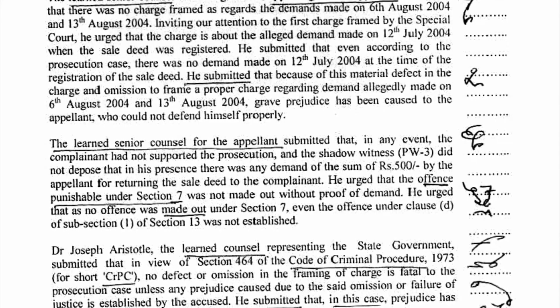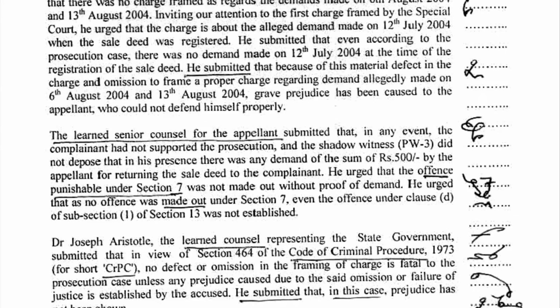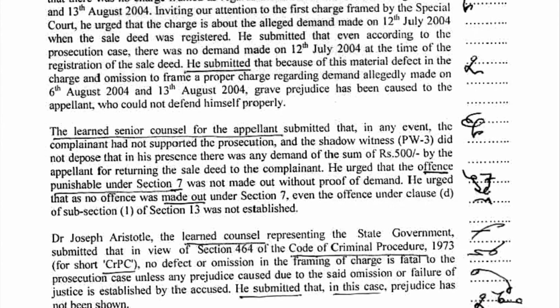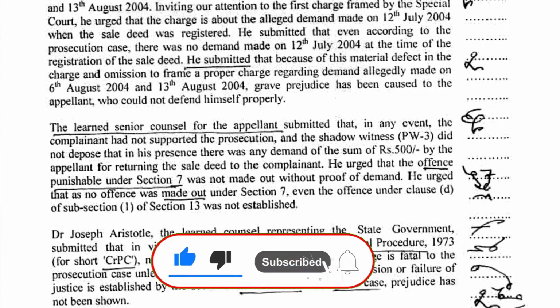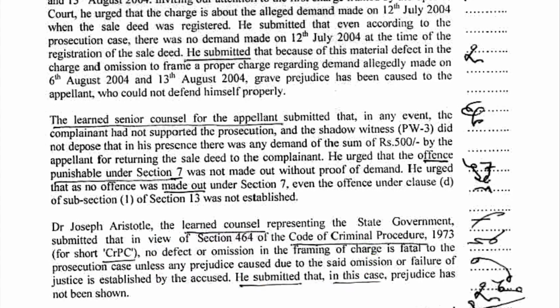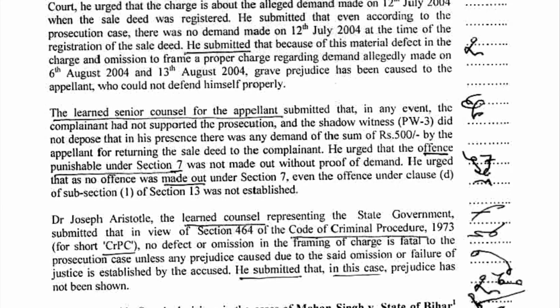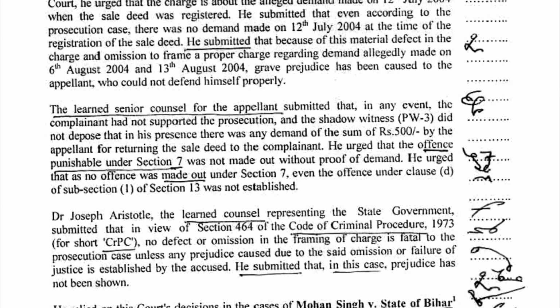He submitted that because of this material defect in the charge and omission to frame a proper charge regarding the demand allegedly made on 6th August 2004 and 13th August 2004, grave prejudice has been caused to the appellant, who could not defend himself properly.